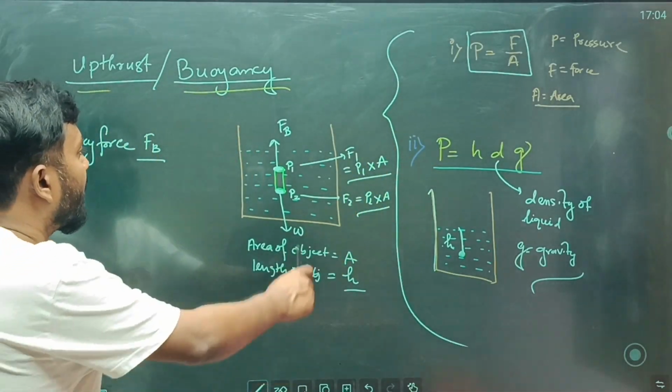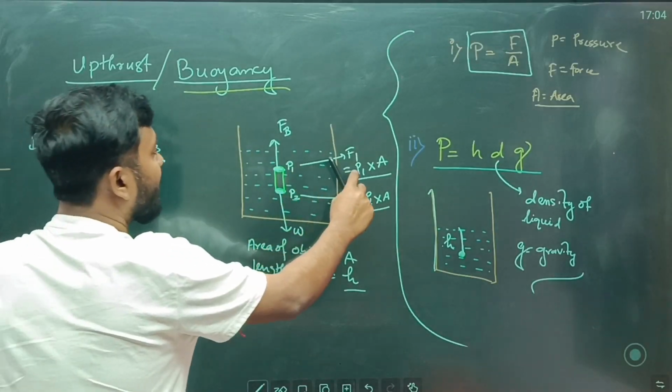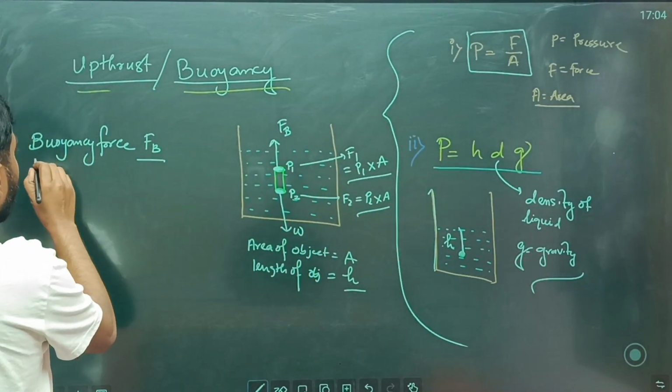So F1 and F2, and the net force acting on the body is the buoyancy force.